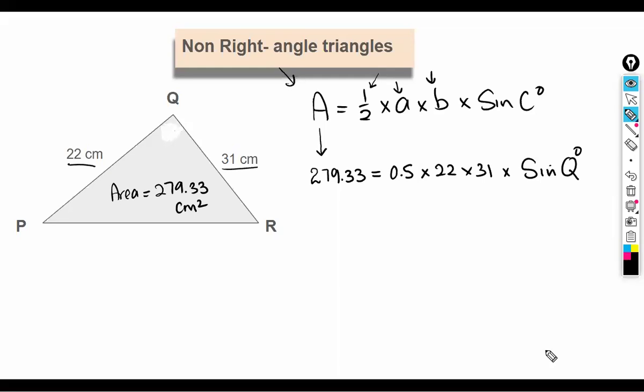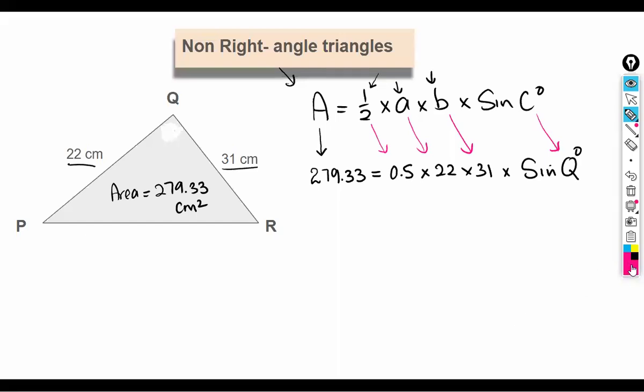He's kind of doing it in reverse. He just takes the formula and substitutes in what he or she has in the question, and hopefully he will be able to find that angle. I'm putting the little arrows here so you can make the connection.